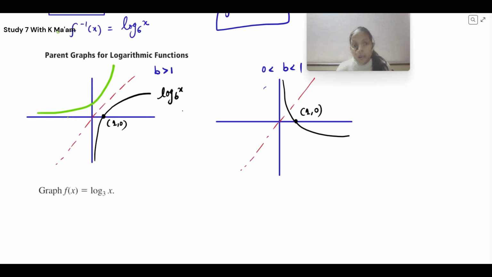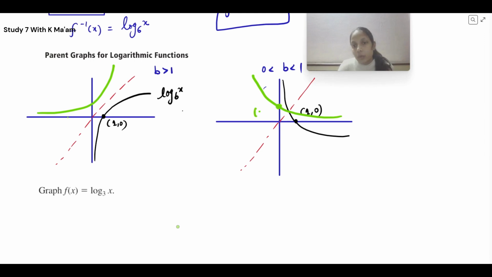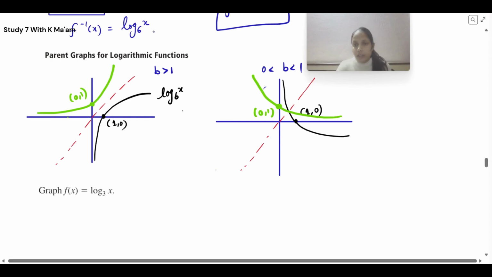And here is how the image looks about this line. It will cut at 0, 1. Okay, this is the graph of a function and its inverse. We are taking the general logarithmic graph. This graph is for log base b of x in which b is between 0 and 1.